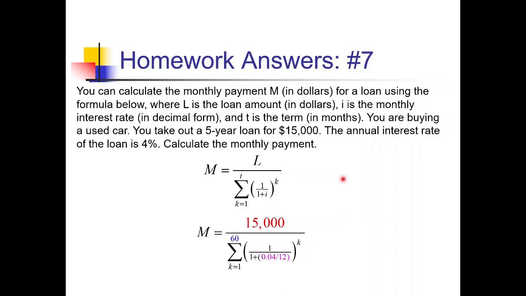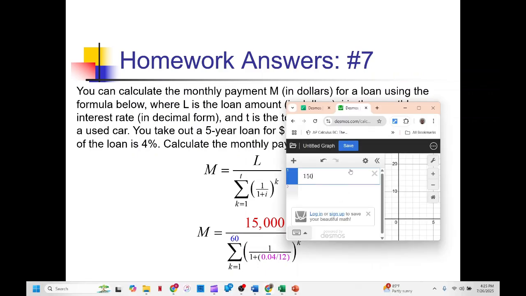All right, let me go to Desmos Grapher and plug all this in. So we have 15,000 divided by summation, so SUM. We can't change the n, but we're going from 1 down here to 60. And then in here I've got parentheses 1 divided by, and I've got a bunch of stuff in my denominator.